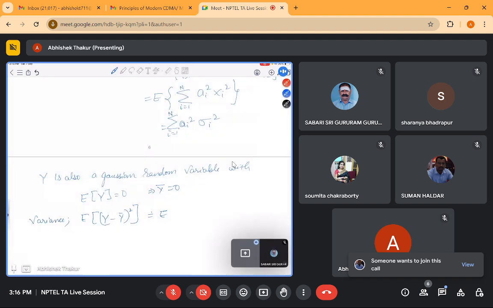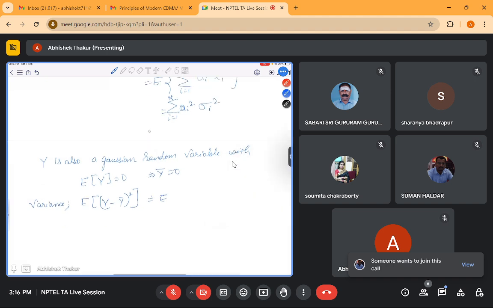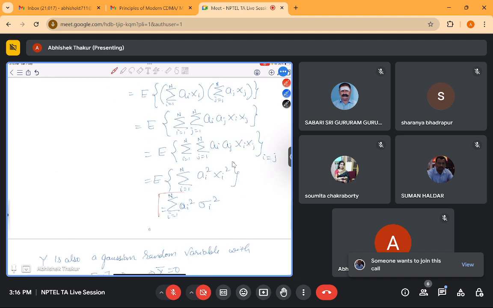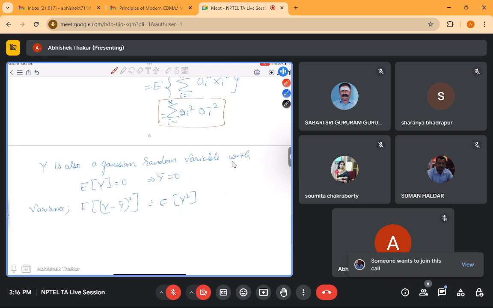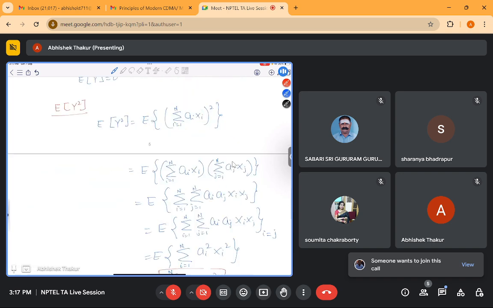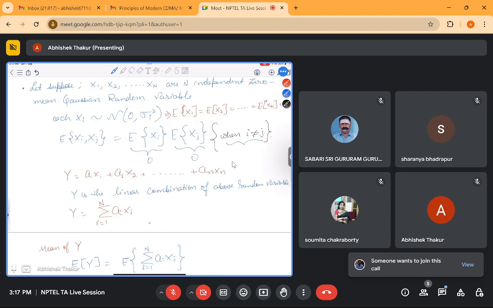So now y bar is 0 because the mean is 0 as we have calculated above. So this variance will be simply E of y square, and what we have found is summation of ai squared sigma i squared. So y is also a Gaussian random variable, though it was a linear combination.